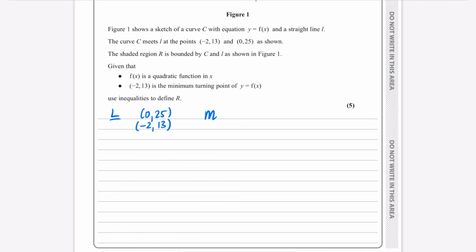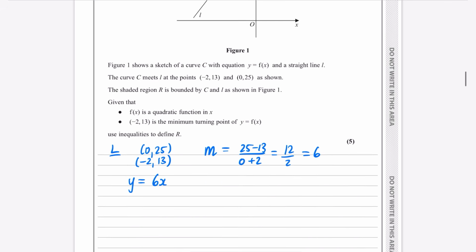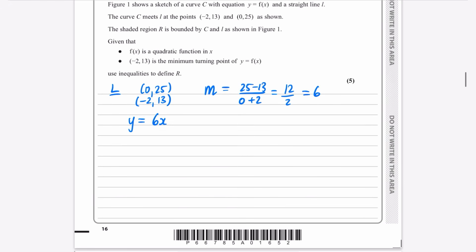The change in y is 25 take away 13, over the change in x, which is 0 minus -2, which is 0 plus 2. 25 take away 13 is 12, so that's 12 divided by 2, which is 6. I don't have to use the y minus y1 equals m brackets x minus x1 formula, because I already know the y-intercept is 25, so I can just say y equals 6x plus 25.